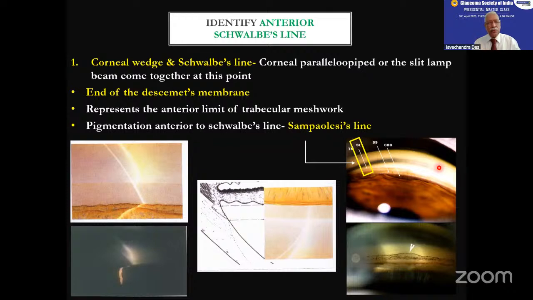This is how we differentiate in the upper part. If you do the gonioscopic mirror from the upper angle, that means you are viewing the lower angle, and this is the second picture, showing the corneal wedge in the upper angle.